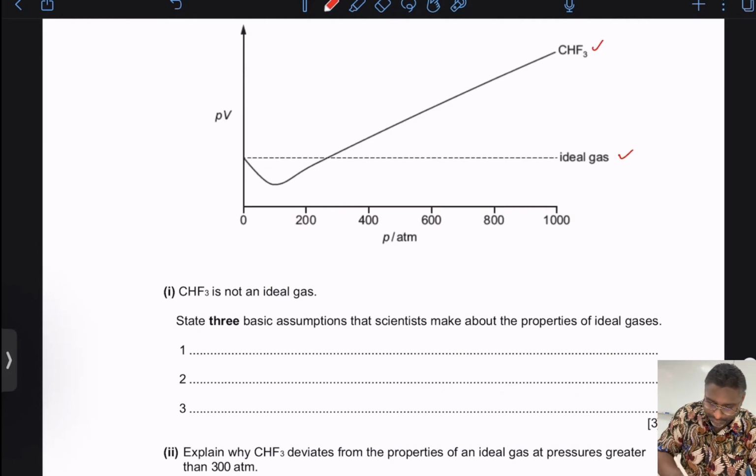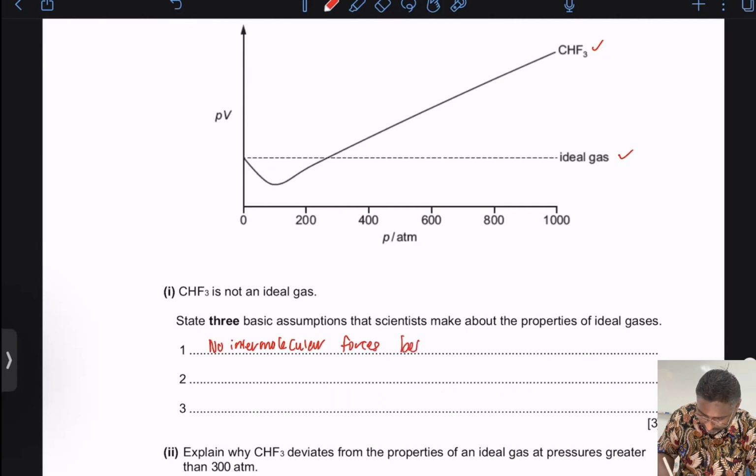There should be no intermolecular forces between the gaseous molecules.